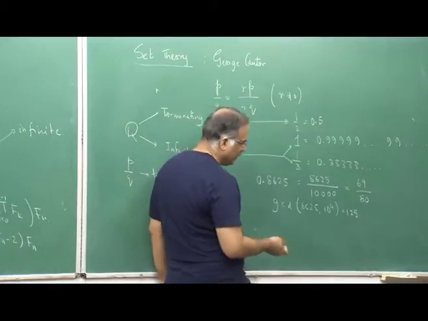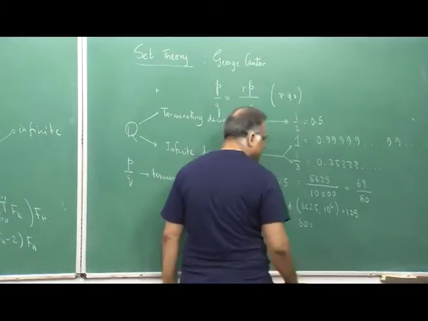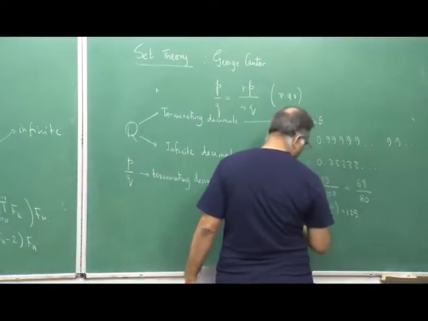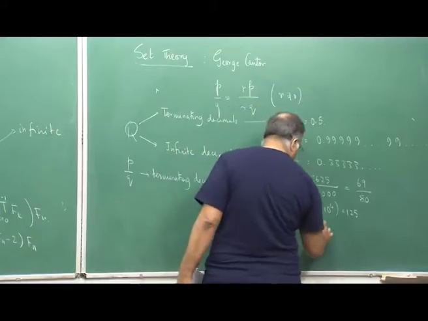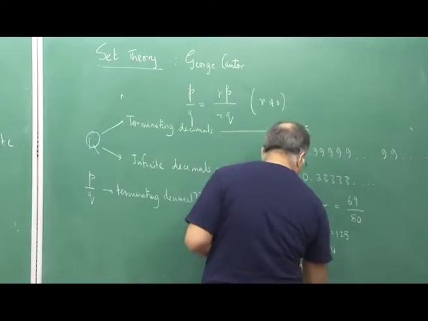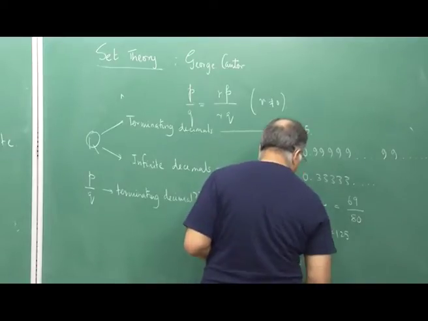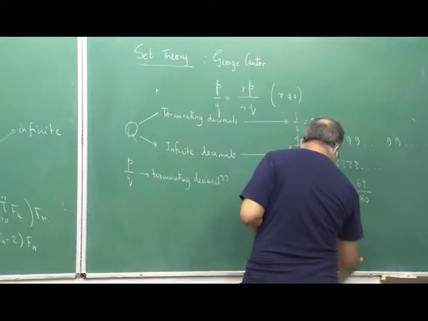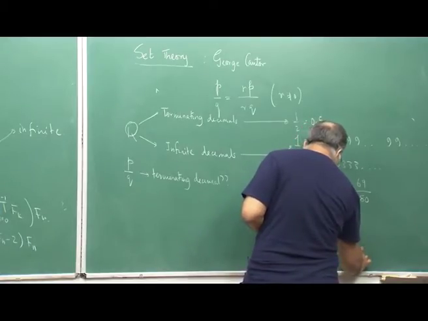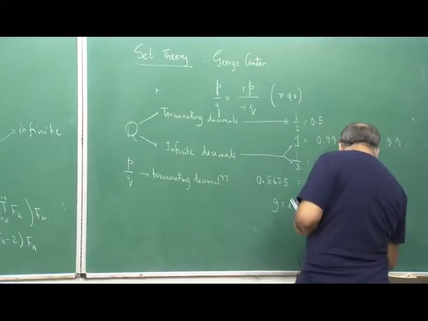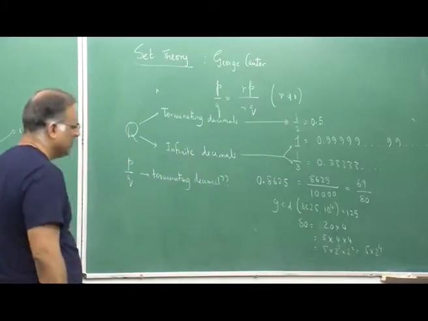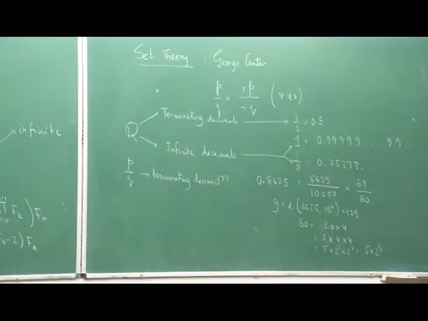Now look at this 80 and its prime factorization. I can write it as 20 into 4, so 5 into 4 into 4, that is 5 into 2 to the power 4. So, this is its prime factorization.